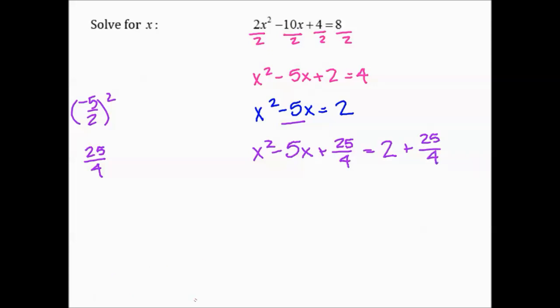Now we need to factor the left side, which if you remember from the previous slide, I said that this will always factor to be x plus b over 2. In this problem, b over 2 was negative 5/2, so this is going to be x minus 5/2 squared.